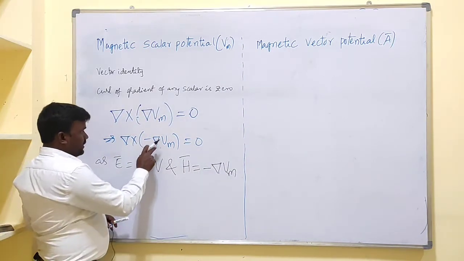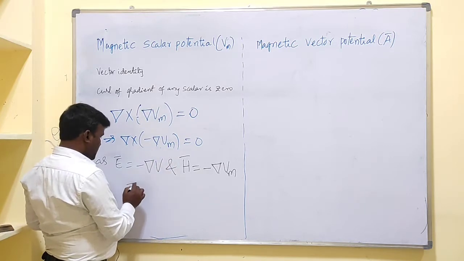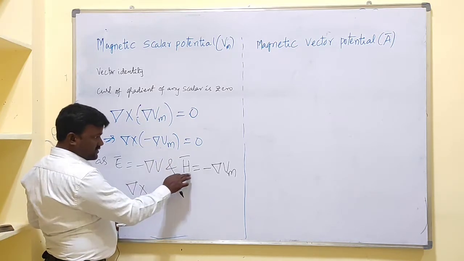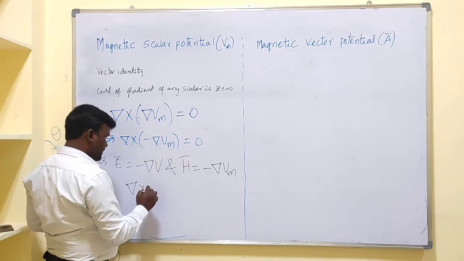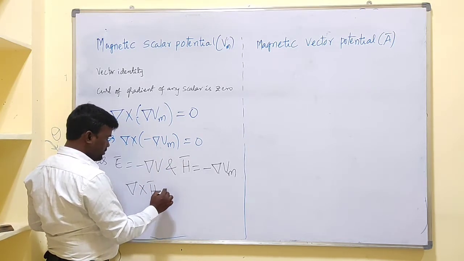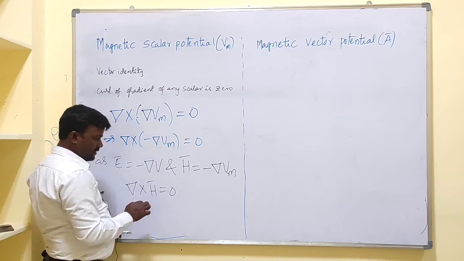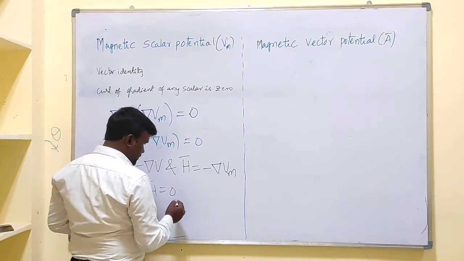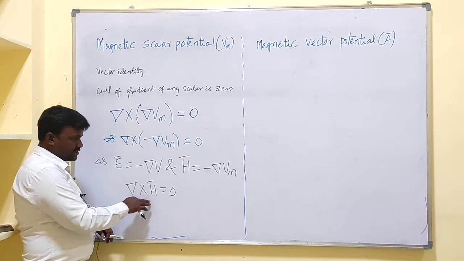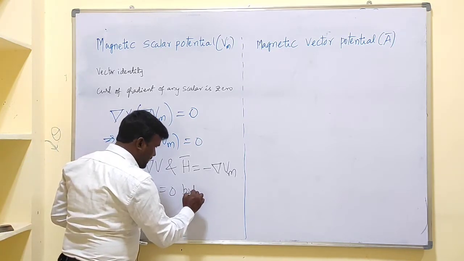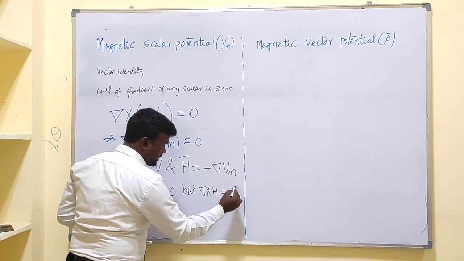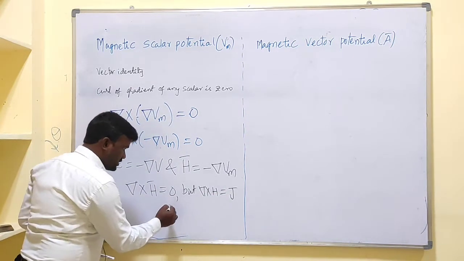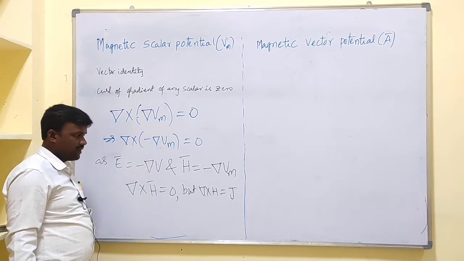Here I can replace this minus del Vm with H, so del cross H equal to 0. But del cross H equals J from Ampere's circuital law.